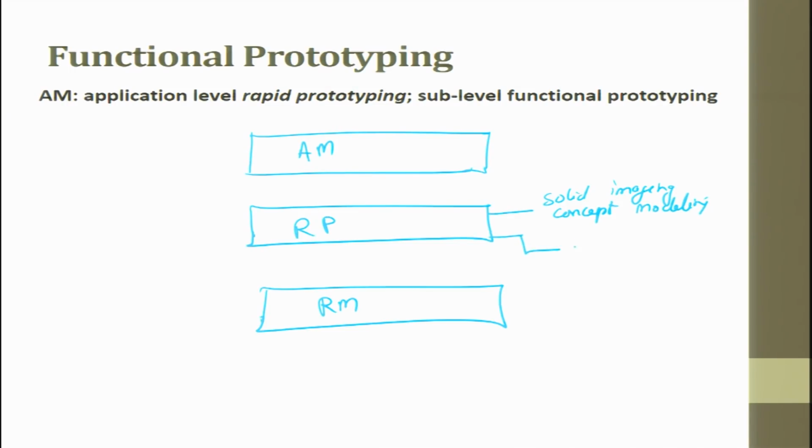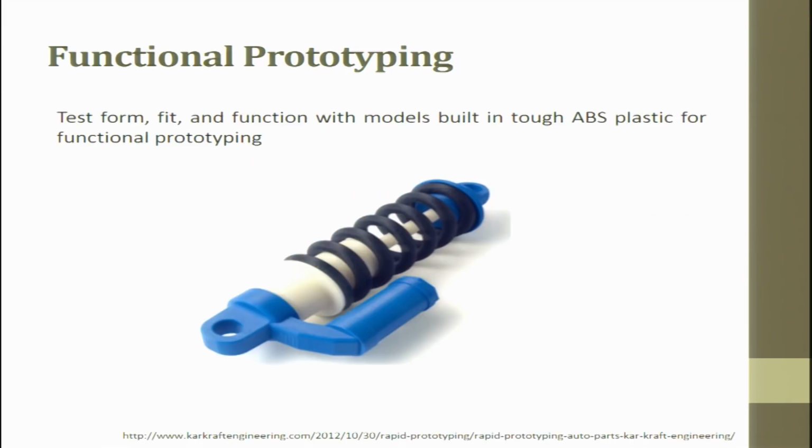We have a next thing which is more towards functional prototyping. So, test form, fit, function with models built in tough ABS plastics for functional prototype is shown here. This is a shock absorber which is used for automobile application.